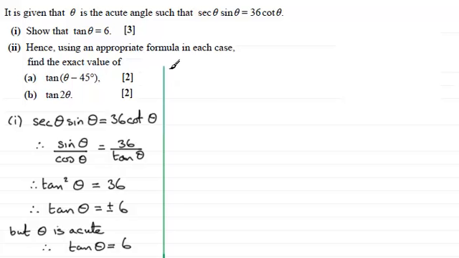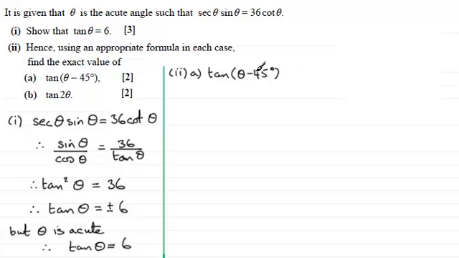Now, in part 2, what have we got to show? Well, part 2a, we've got to find the exact value of tan of theta minus 45 degrees.